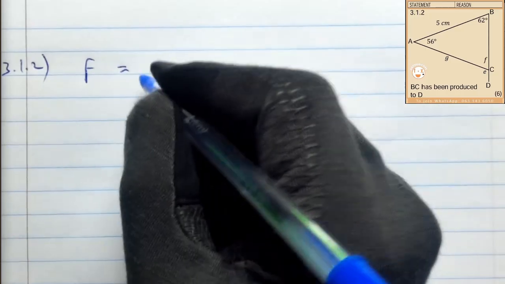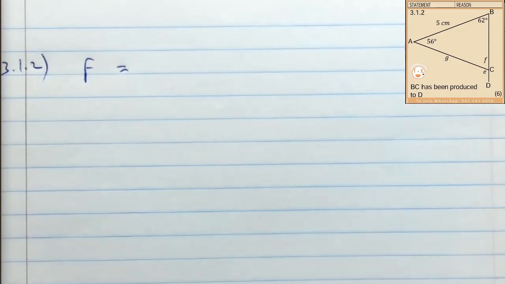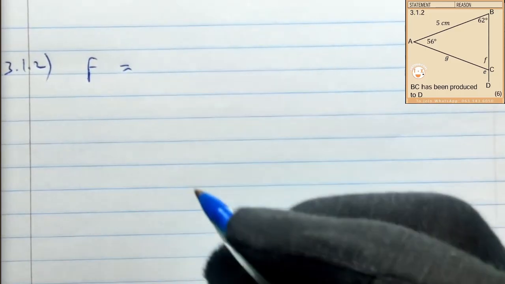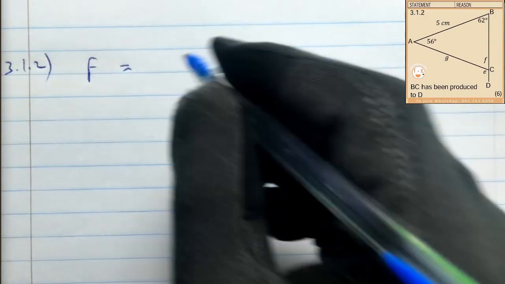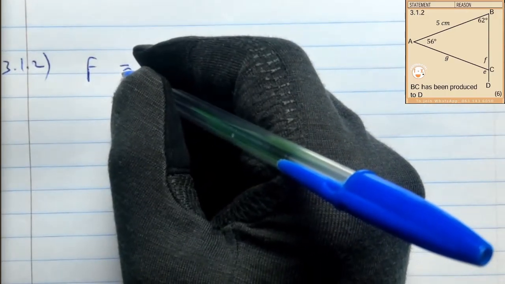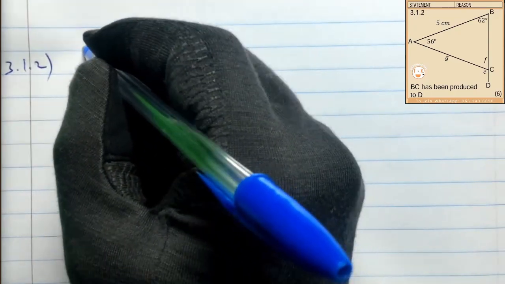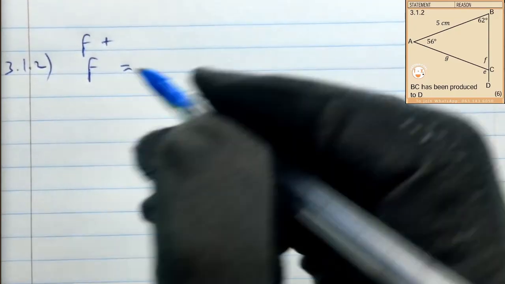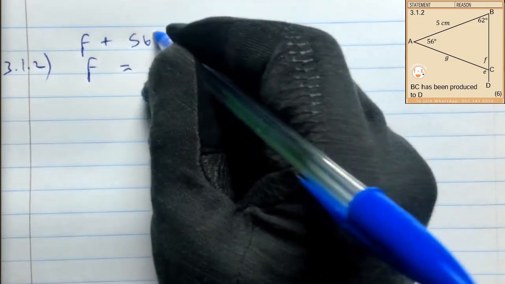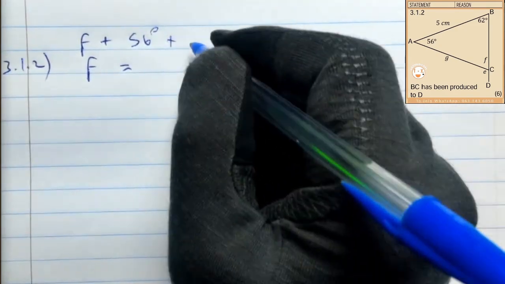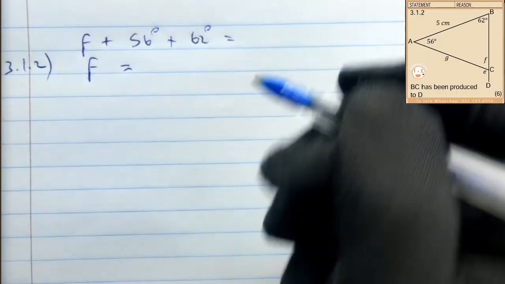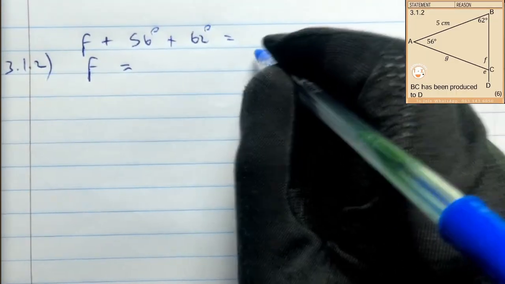Yeah, I can say okay, I'm skipping a certain step. You can say F plus, okay, I'm going to write it here on top. You can say F plus 56 plus 62 is equals to what? Is equals to 180.